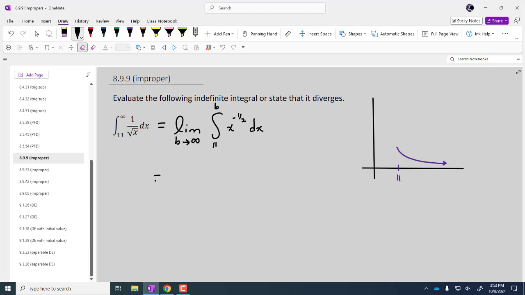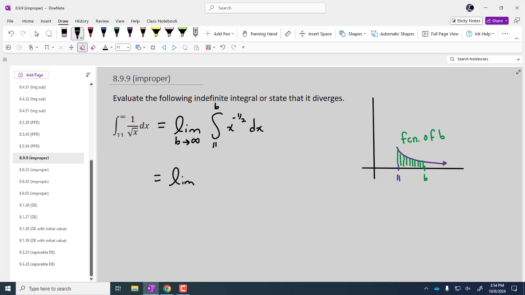So let's confirm. From 11 to b, we're imagining b is just some random point out here. And from 11 to b, we are finding this definite integral as a function of b. And then we just let b go to infinity. Once we have our function of b, take the limit as b goes to infinity and evaluate.